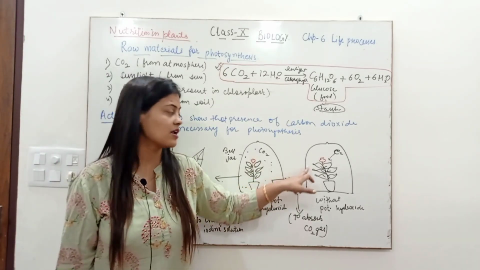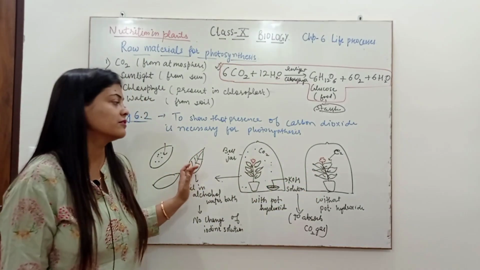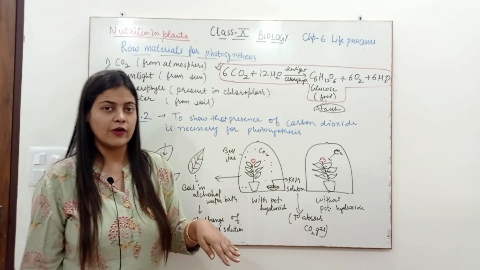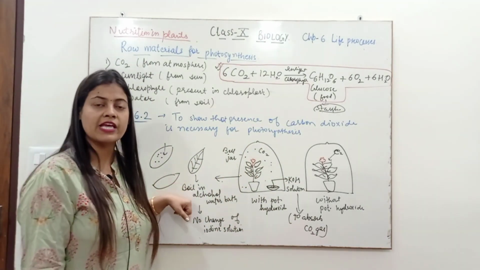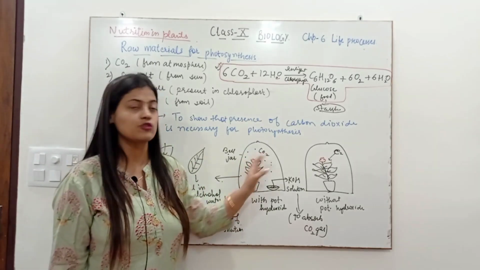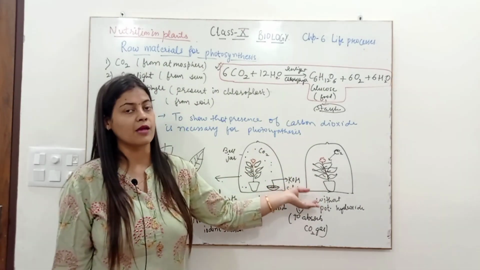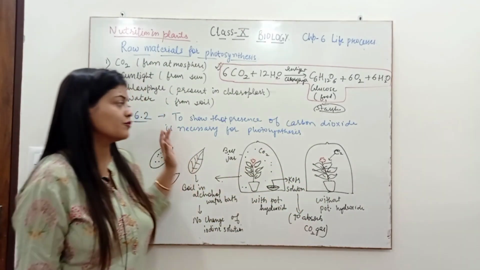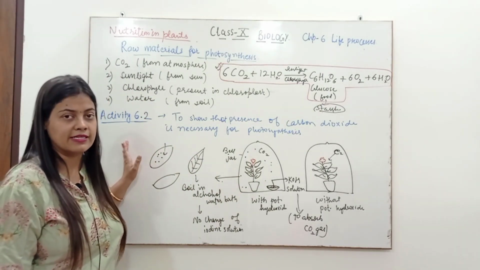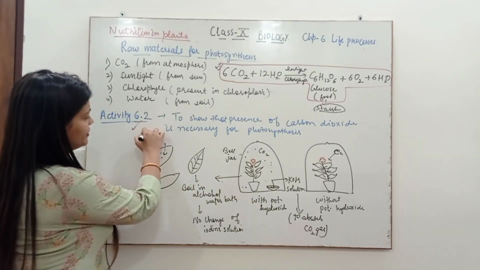In the second bell jar, when you pluck the leaf from this plant and follow the same procedure of decolorizing and putting iodine solution, the whole leaf will become blue black, which shows that the leaf is preparing starch because it is performing photosynthesis. So with this activity, it is clear that carbon dioxide is necessary for photosynthesis, and this is also a very important activity.